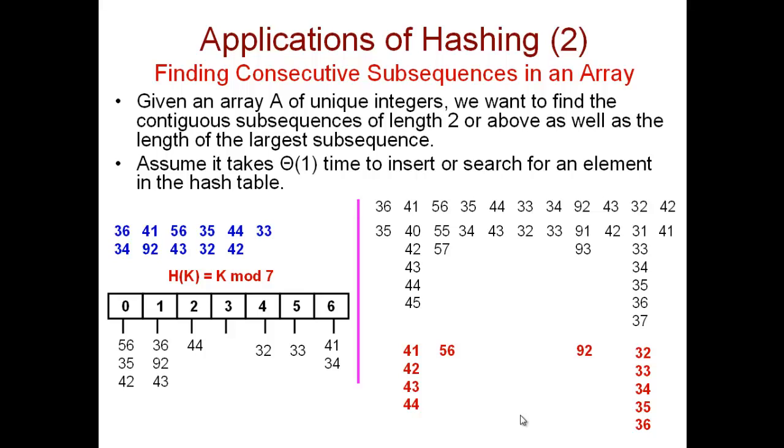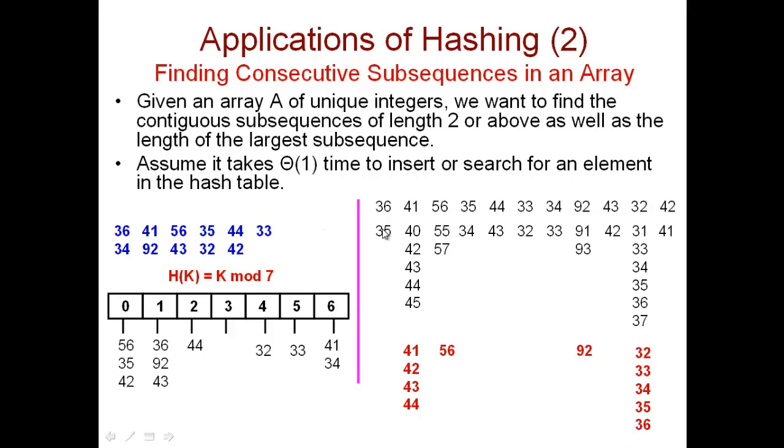If 35 is not there in the array, then 36 would be the starting element of a subsequence, right? So that's why, for any element in the array, we first need to check that the element one less than it is there. Okay, so let us do that.